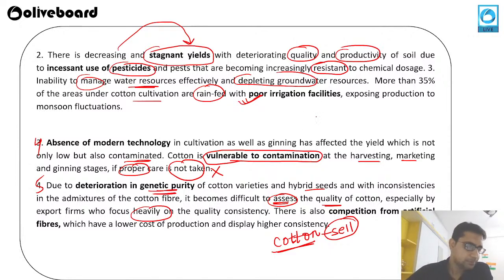There is also huge competition from artificial fibers, which have lowered the cost of production and display higher consistency. Cotton has to compete with these artificial fibers, because they are prepared in an artificial way and have a lower cost of production and very high consistency.